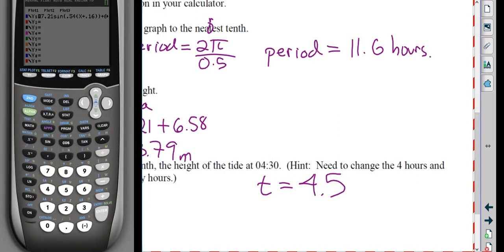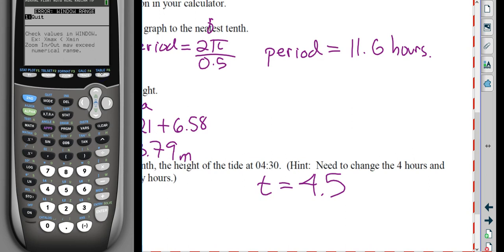4.5. So probably the easiest way, because we've got this going here, is I don't want the window to go from 0 to 365 because 24 hours is plenty. My maximum was 13, and my minimum is, I don't know, negative, so let's go -5 to 20 by 5s. Window range. All right, what did I mess up?